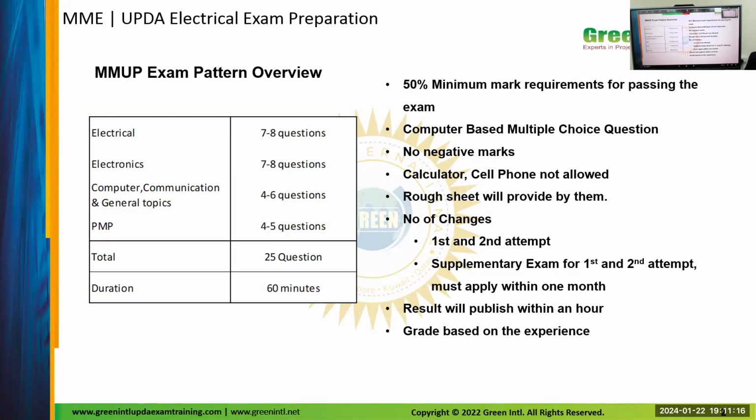But at the same time, we may use the system calculator because, as I told, it's a computer-based multiple choice exam. We are taking the exam sitting in front of the system, so in the system we have a desktop calculator. We may use the desktop calculator. So from the exam point of view, you need to prepare or get hands-on training in the system calculator.